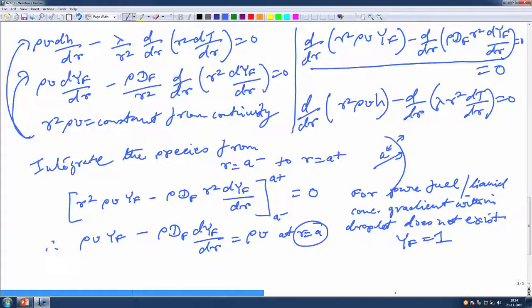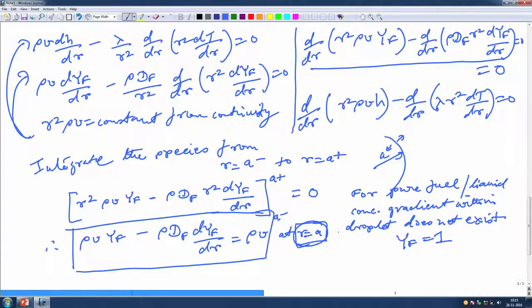So this should be the expression that one should be able to write at r equal to a, that means at the interface. So it is basically this minus this is equal to that, and remember that one is in the liquid phase, one is in the vapor phase, so do not confuse yourself.